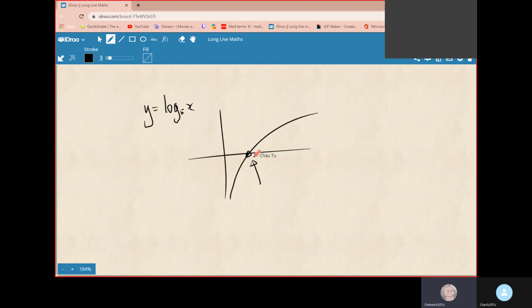Let me think. So this is log base 5. Wait, hold on. Let me think.